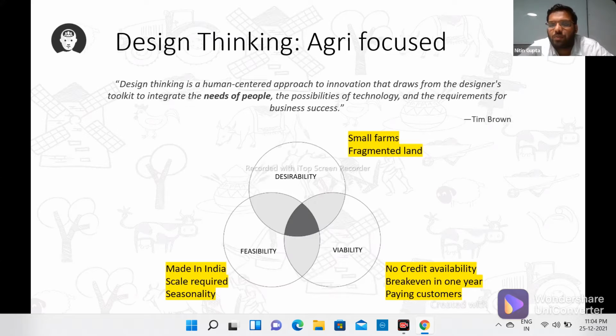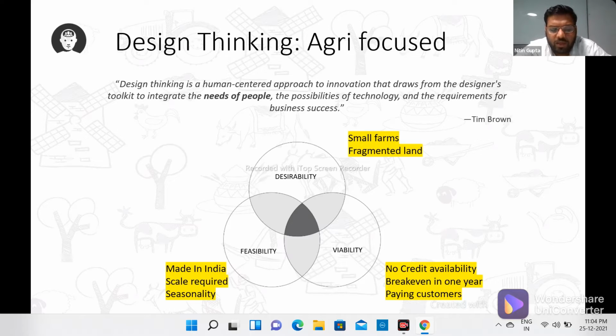So whatever product we develop should be low cost, easy to carry from one place to another, and easy to store. These are very generic problems from the user, desirability point of view. Second is feasibility, and here people demand a lot of made in India products, which is very much possible. Almost everything we can make in India now.